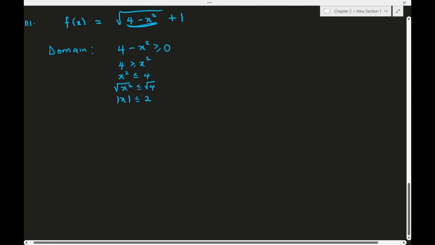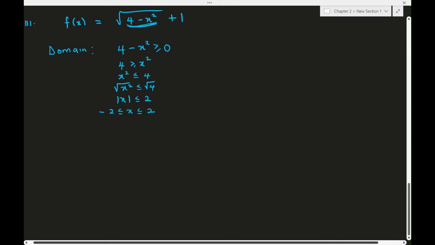Now, why do we use absolute value? Because we have even roots and even power. Remember, if you have absolute value of x less than or equal to c, this means that minus c is less than or equal to x, which is less than or equal to c. So we have minus 2 is less than or equal to x is less than or equal to 2.